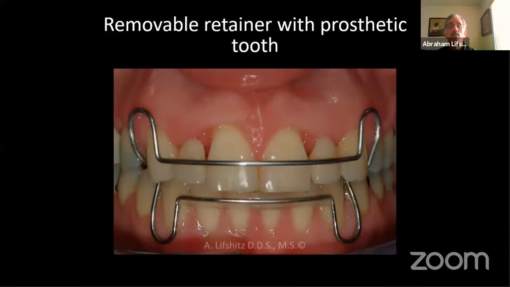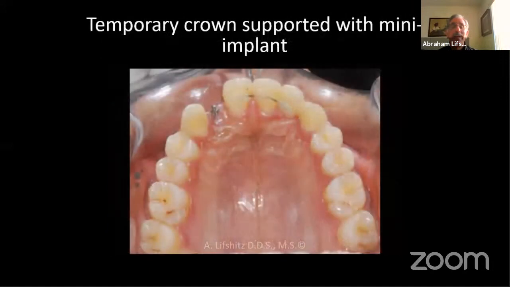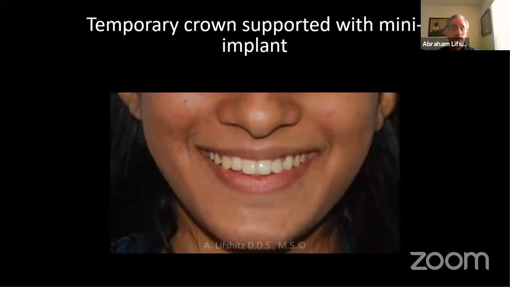So here I have a removable retainer with prosthetic teeth, the resin-bonded fixed partial, or a temporary crown supported with a mini implant. This mini implant is placed on the alveolar ridge, and it supports a temporary crown.